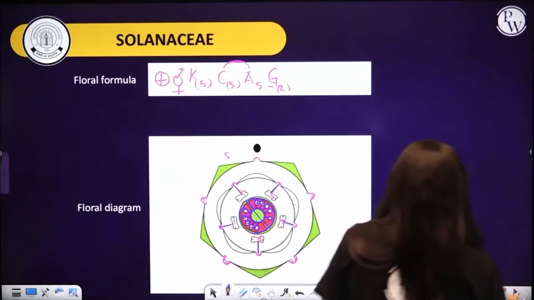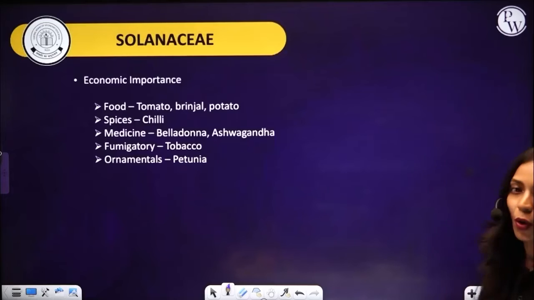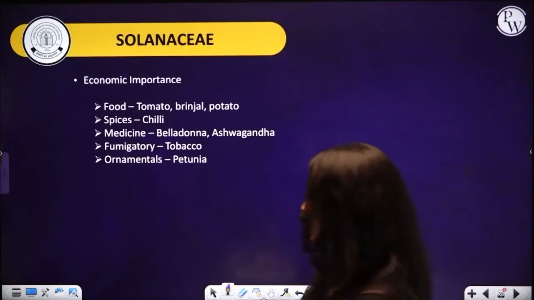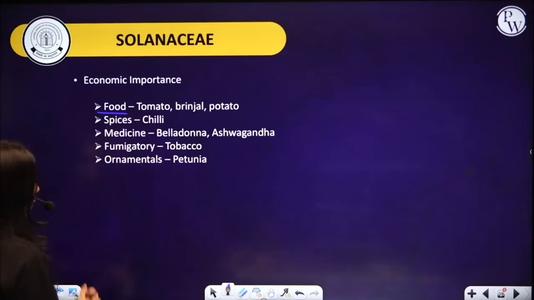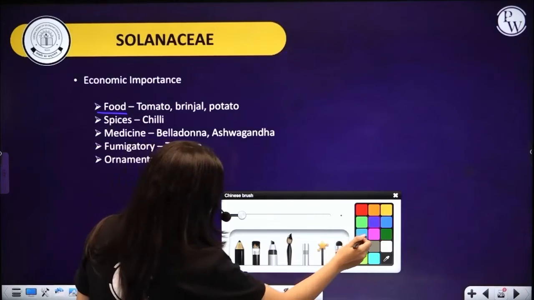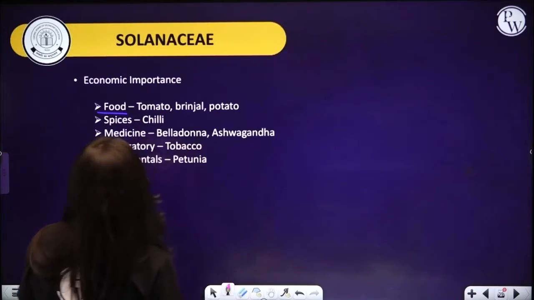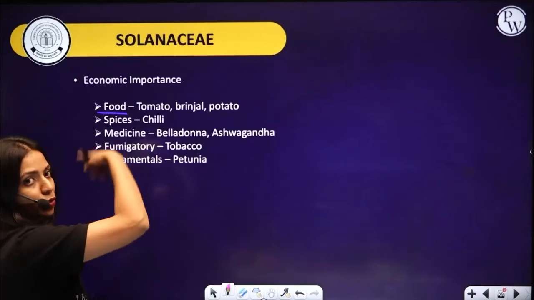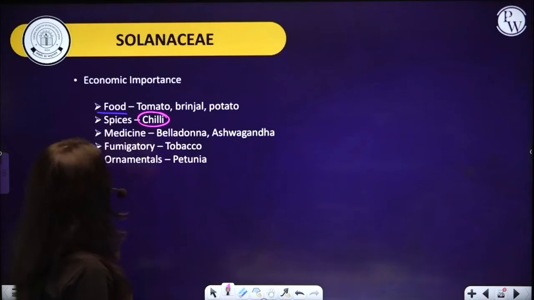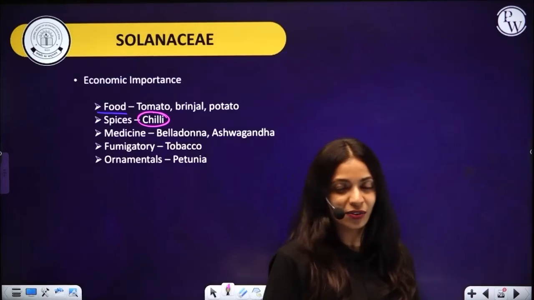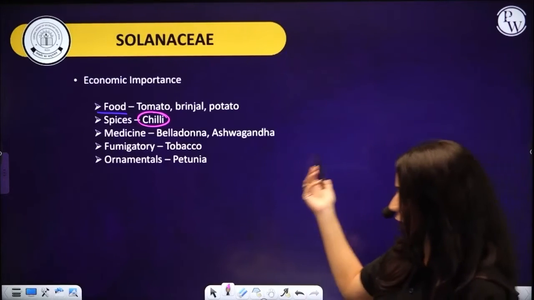Now let's talk about the economic importance of family Solanaceae. Definitely very, very important because it gives us food. Tomato, brinjal, potato, all of these are plants belonging to family Solanaceae. We also get very important spices like chili from this plant family. You can't even imagine cooking without chili, right?